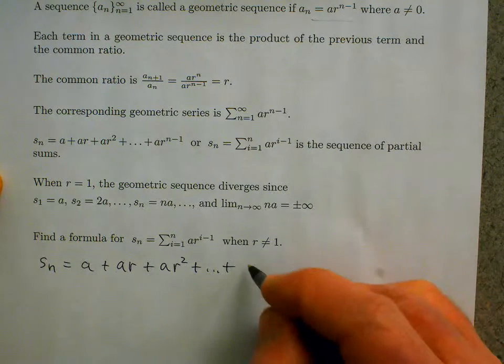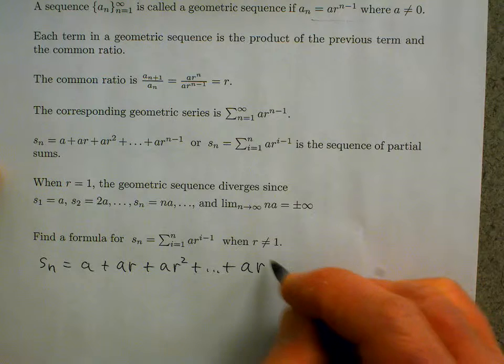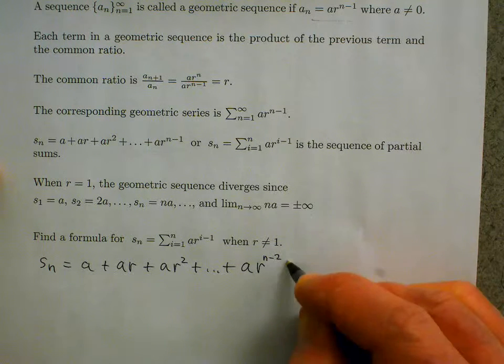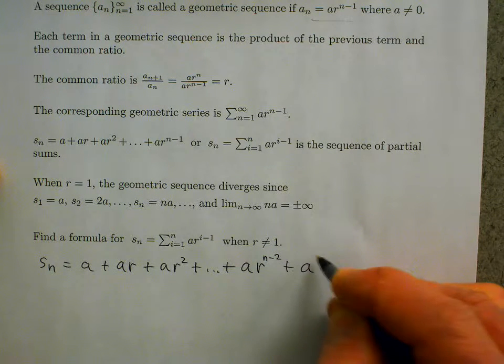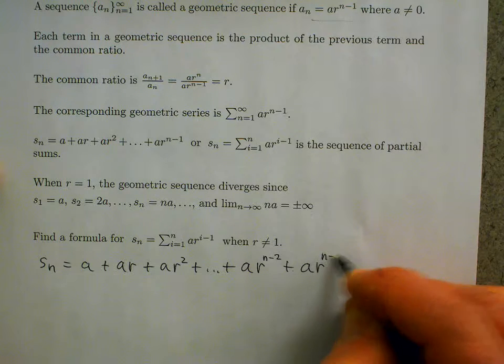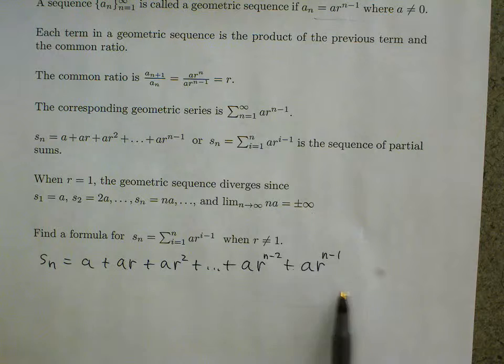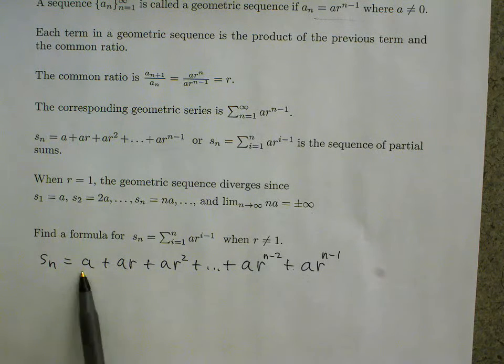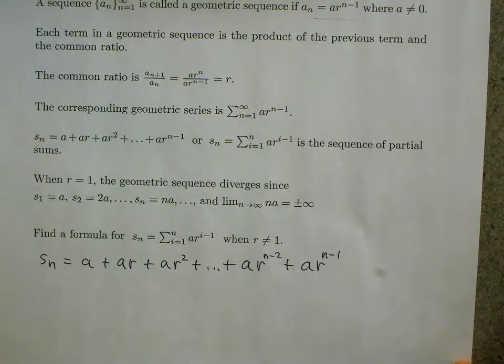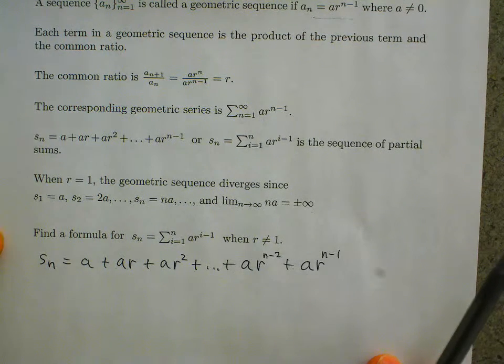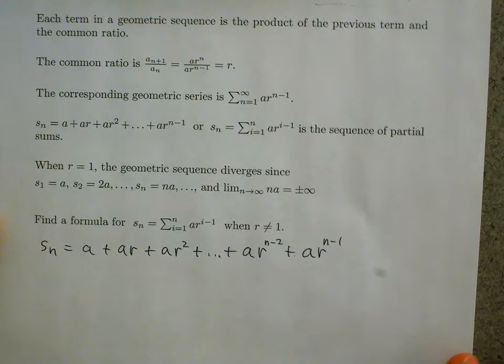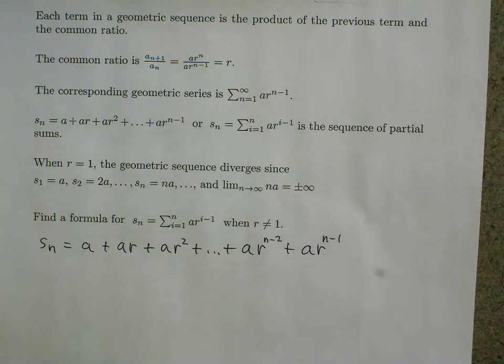At the other end, we have a times r to the n minus 2. The last term is a times r to the n minus 1. So from the geometric sequence, this is the sum of the first n terms. So does anyone know what's coming next? Have you seen this before?